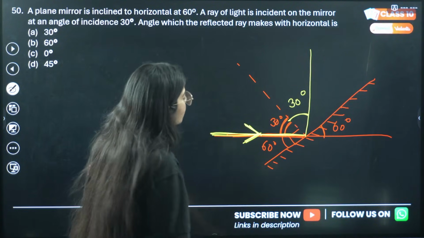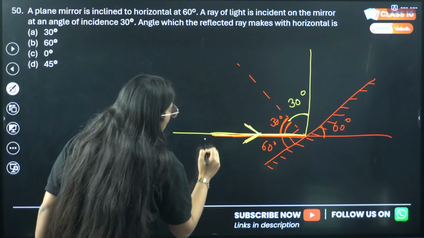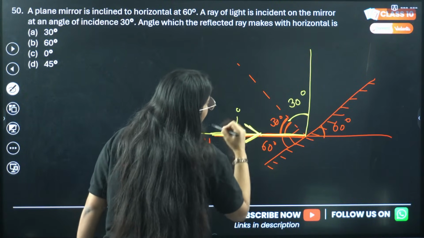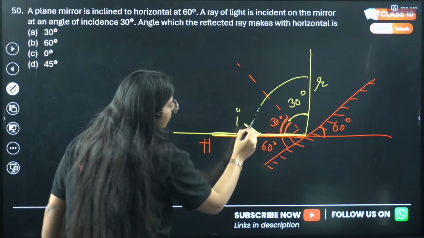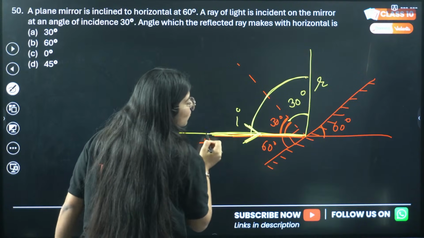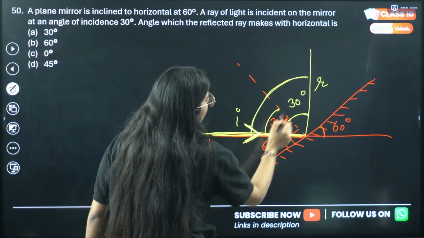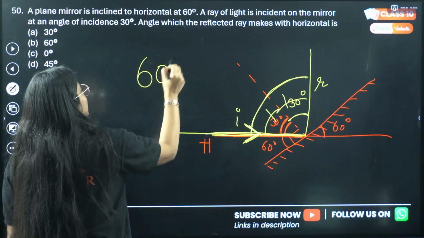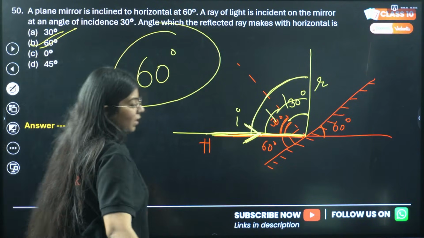Now this is also my horizontal, correct? This is also my incident ray and this is the reflected ray. Now this whole angle is the angle which we need to find, the reflected ray that makes with horizontal. So this is 30, this is 30, 30 plus 30 will be what? It will be 60 degrees and the answer is B, correct?